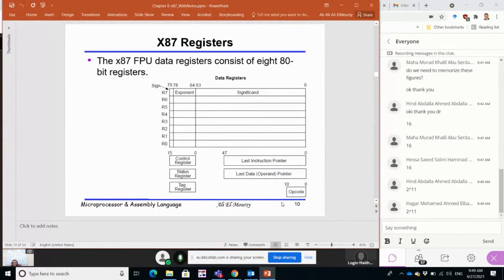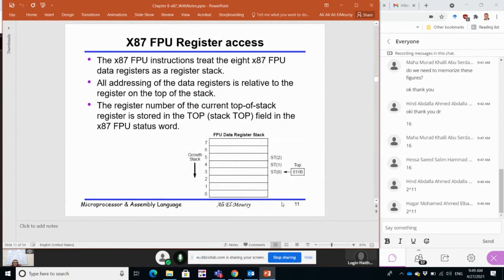Okay? Now, the most significant thing we need to discuss here is the data registers. The conventional way to access them is not as unique distinct registers. I'm not adding in floating point R0 to R1 and putting the result in R2 or something like this.